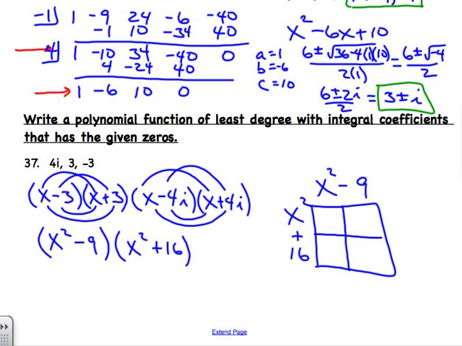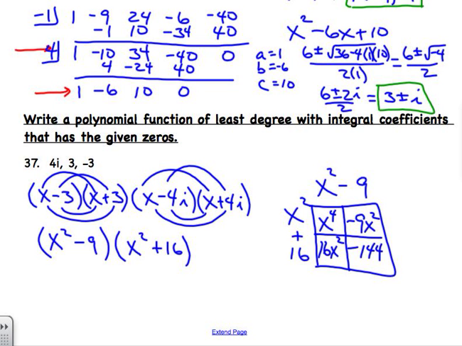X squared times x squared is x to the 4th. X squared times negative 9 is negative 9x squared. 16 times x squared is 16x squared. Then negative 9 times 16 is negative 144.